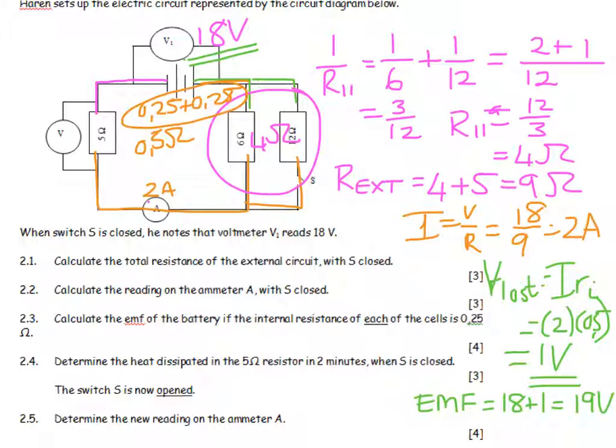There are other ways of doing it. I could have worked out the total resistance. So I could have said 0,5 ohms, add that onto my 9 ohms, I get 9,5 ohms. Multiply 9,5 total resistance by total current, and I would have also landed up with 19 volts.